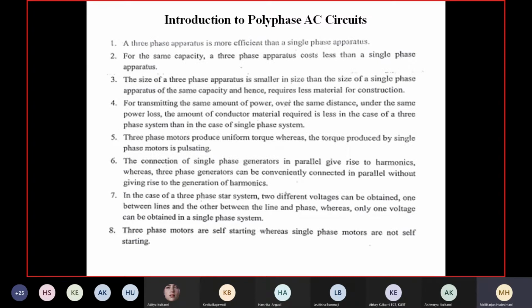If P megawatt, say 100 kilowatt or 1 megawatt, a certain amount of power, I am pumping from point number 1 to point number 2, which is so many kilometers in length. Then to do this activity, which is your mode of pumping, single phase mode or three phase or any other DC mode?